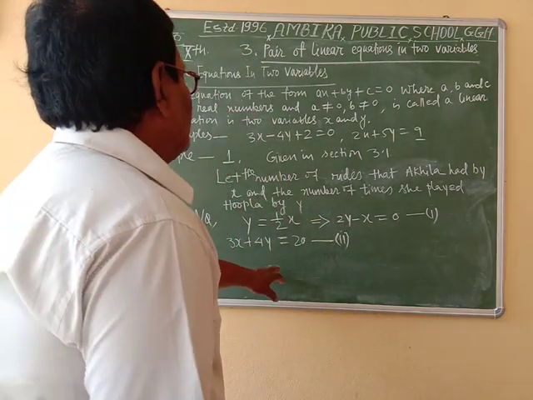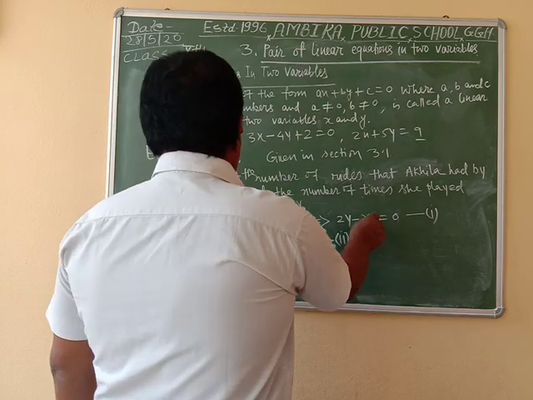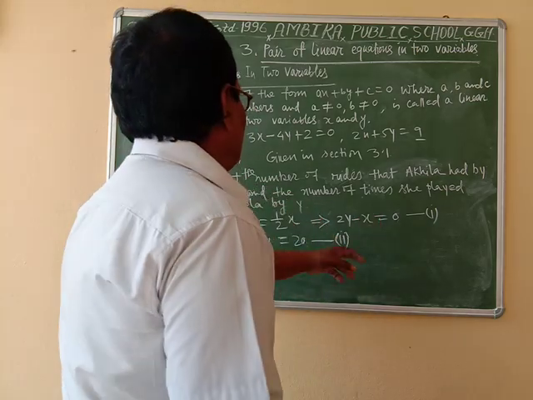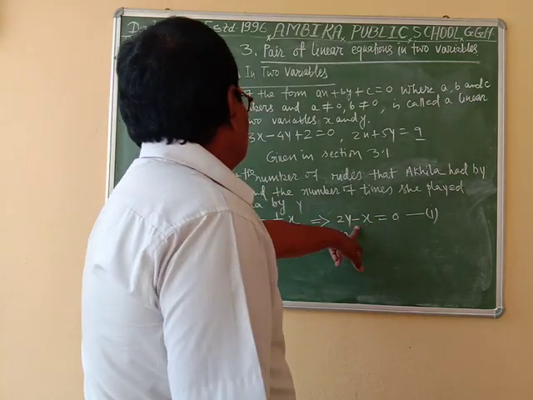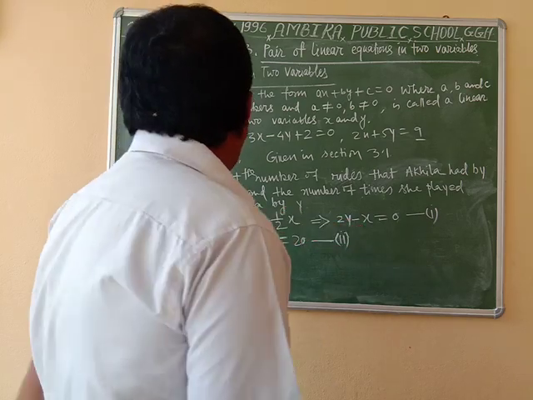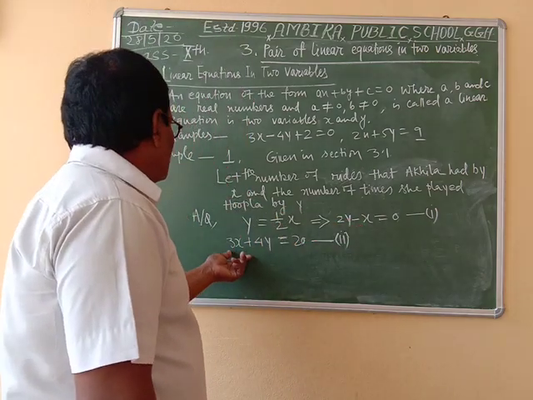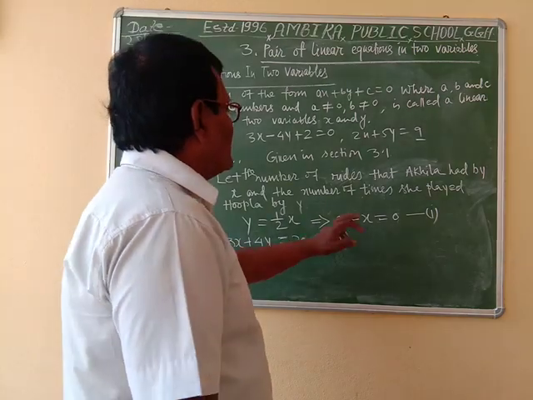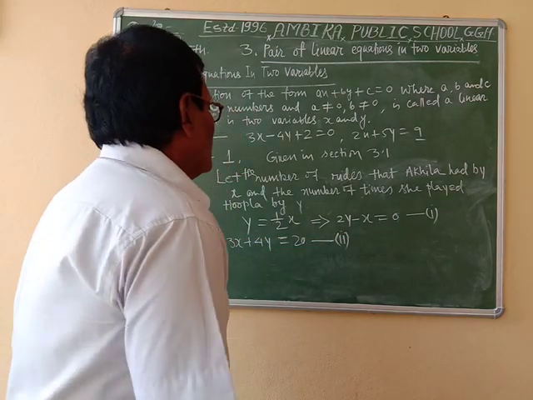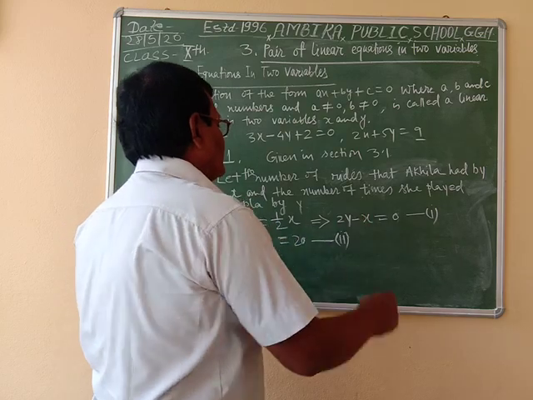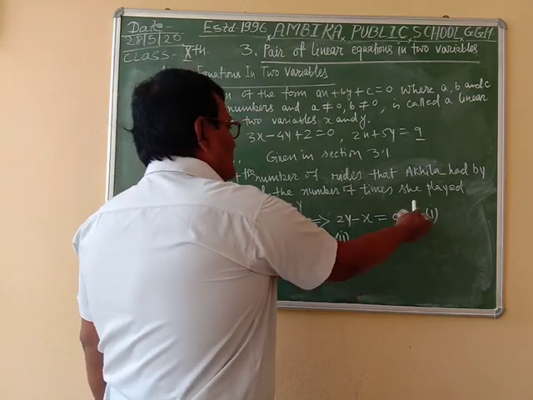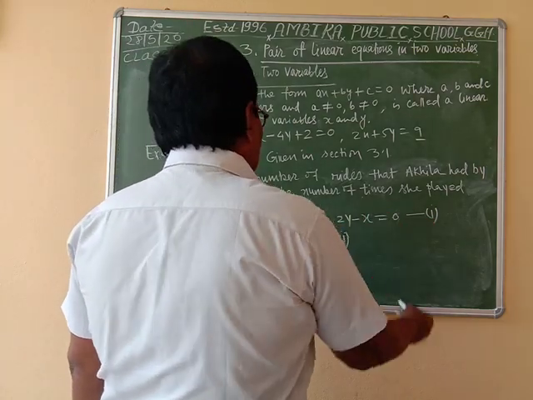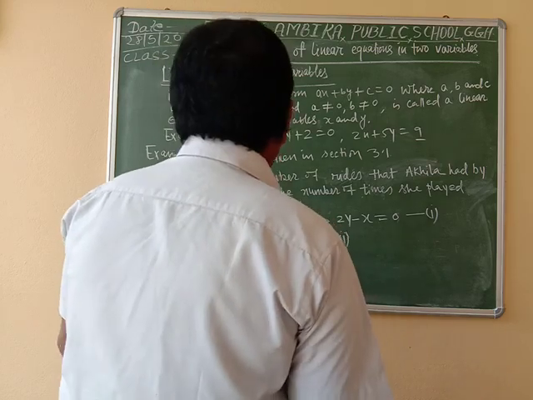Here we see that the coefficient of x in the given equation is equal to -1, and in the second equation the coefficient of x is equal to 3. So if we multiply 1 by 3, the coefficient of x in both equations will be the same.